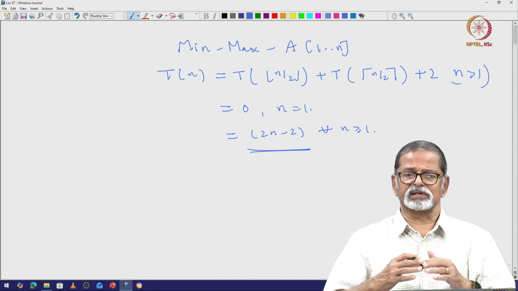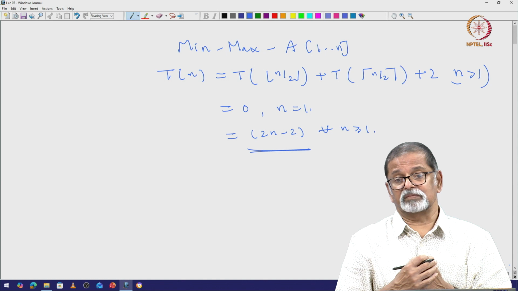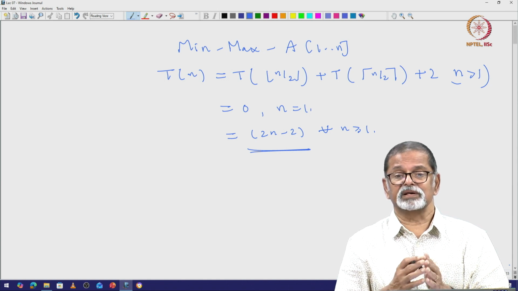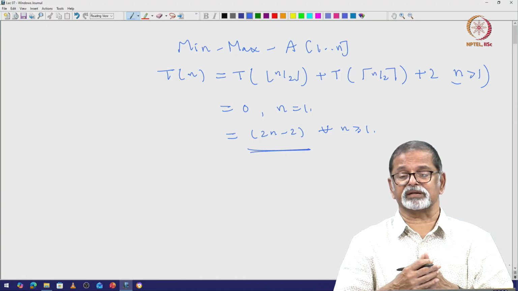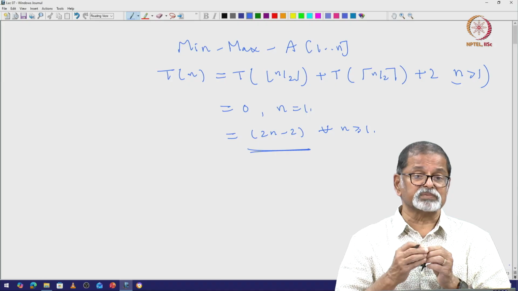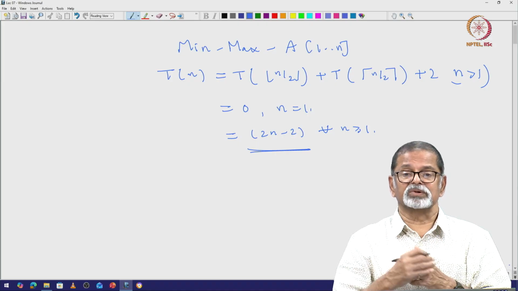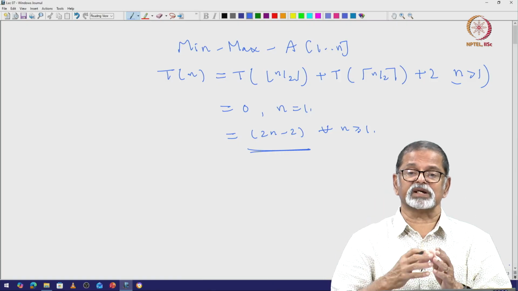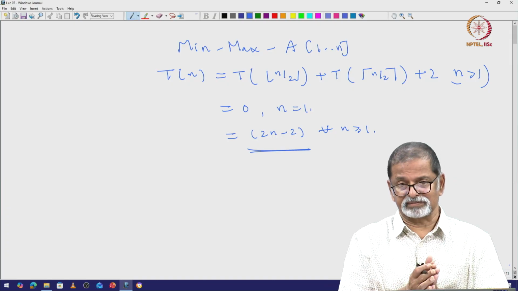One way is bottoming out at larger problems. Here the base case is 1. Recursion is when n is greater than 1. But we have observed that if you go all the way up to subproblem size 1, to solve a problem of size 2, you are doing a redundant comparison.